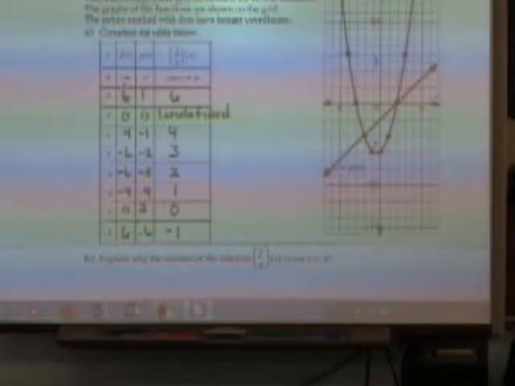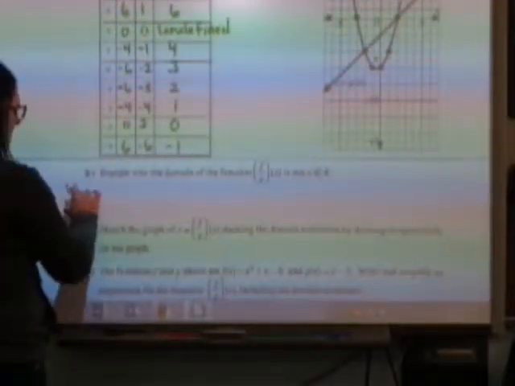It says, explain why the domain of the quotient of the two functions is not the set of real numbers. Because you have that point at 2 that's undefined. Right.